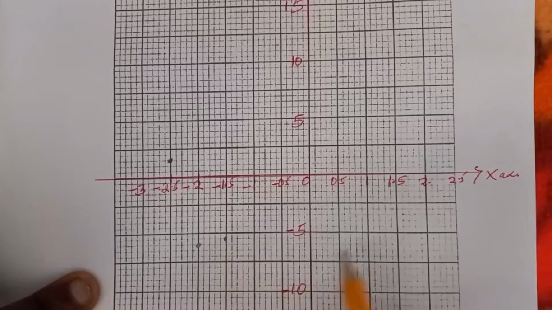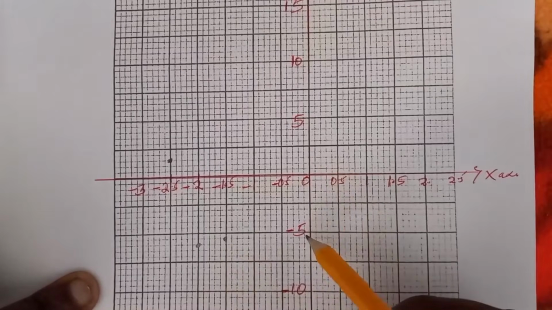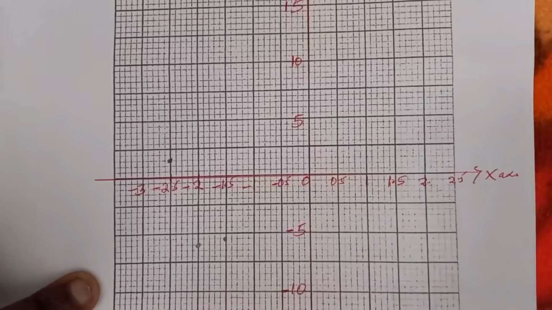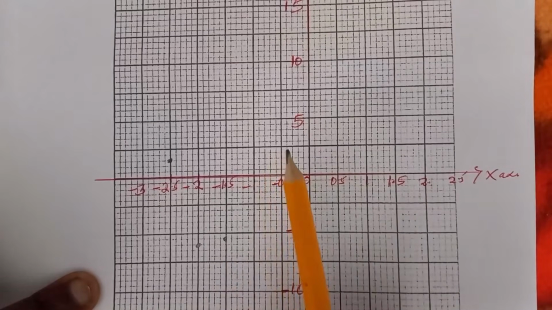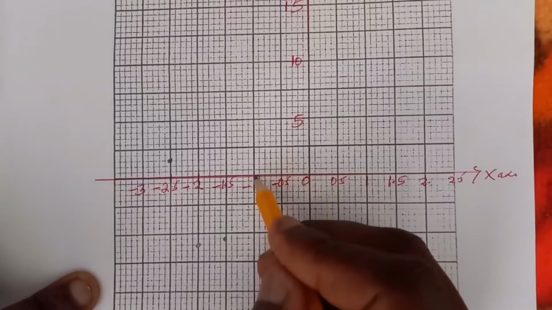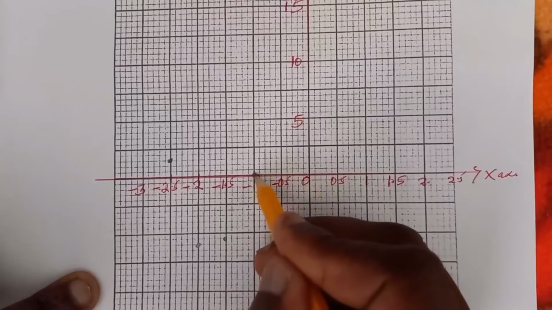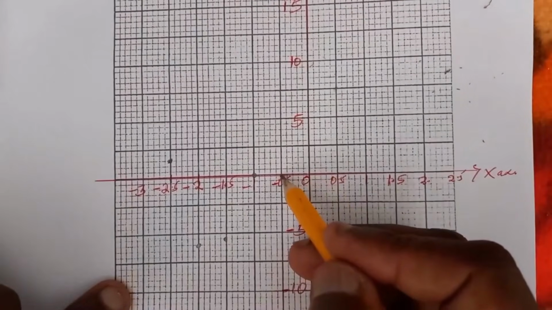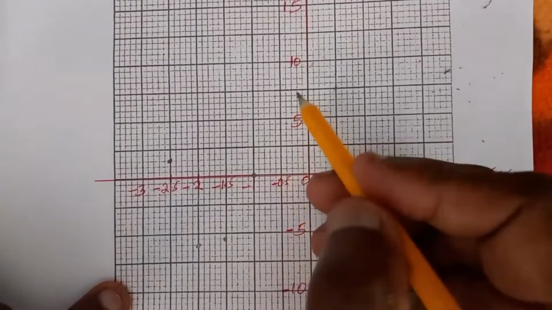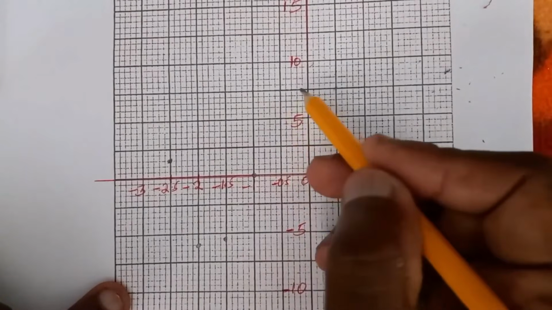On the y-axis, the size of one small square is 0.5. The next one is negative 1, 0. Negative 1, 0 will be there. So negative 0.5, 7.5. 7.5 is here.